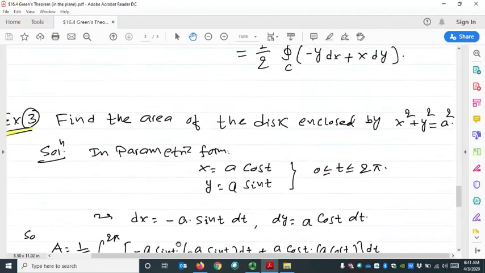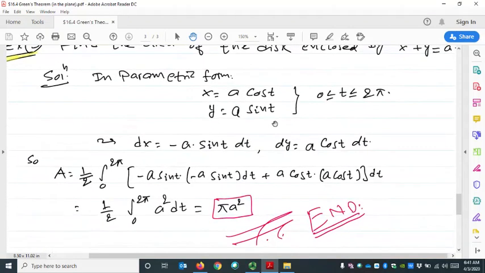Start from negative y dx: negative y is minus a sine t, dx is minus a sine t dt, plus x, a cosine t, dy, a cosine t dt. 1/2 as it is, integral 0 to 2 pi as it is, multiply a square sine square t plus a square cosine square t. Pull a square out, sine square t plus cosine square t gives you 1, so it's simply a square dt. A square is a constant, pull it outside. The integral of dt is simply t, evaluated at the upper limit 2 pi, cancel the 2, and this is simply pi a square.